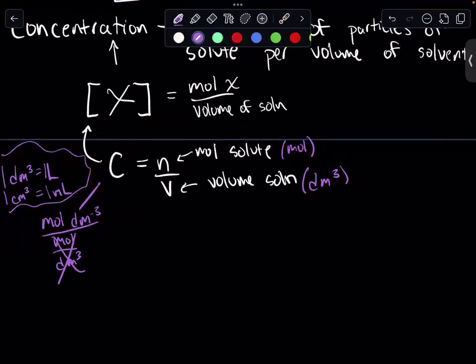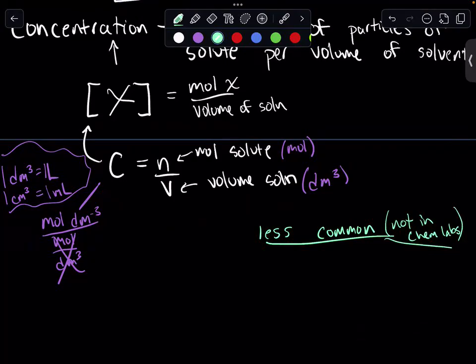There is one more way concentration is expressed by the IB. However, this is far less common, so we're going to do a little aside, especially because this is not done in labs, not in chem labs. Chemists hate this, and I do not understand why it's in the DP curriculum, but it is, so we're going to go over it.